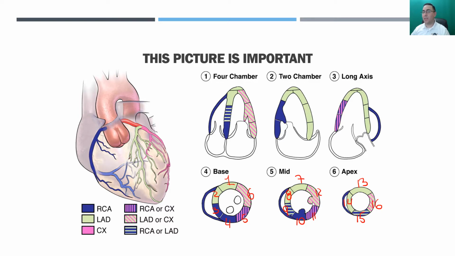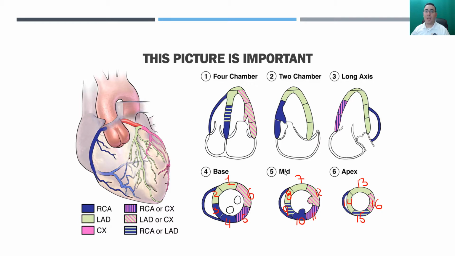So just apply the common sense right now. This one, number 12 and number 11, both belong to the lateral wall. So we're going to call this one, because it's close to the anterior segment, anterolateral, all right, and this one right here, we're going to call it what? Inferolateral, because it's close to the inferior segment.